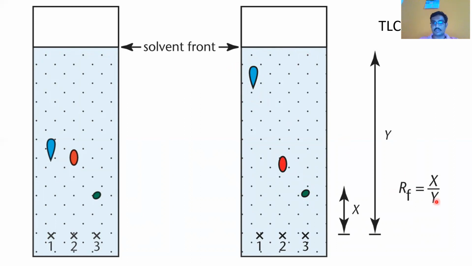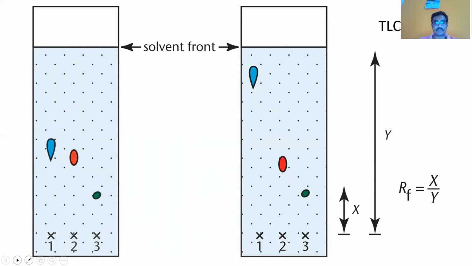We used both to get our retention factor. So retention factor was the distance traveled by the solute divided by the distance traveled by the solvent front. The ratio became our retention factor, and retention factor is unique to each component of the mixture or each spot in the TLC band. So this is how we differentiate what these different components are in TLC. This is what we've understood so far in TLC.